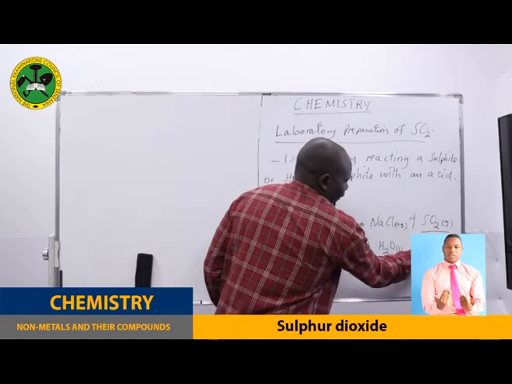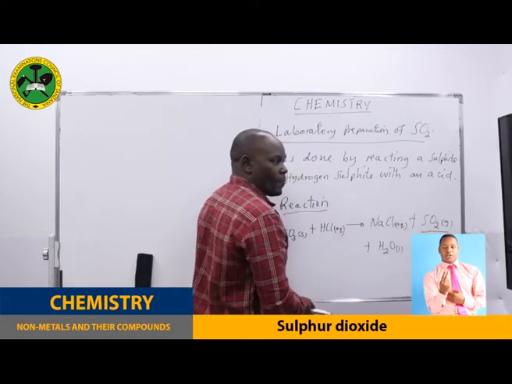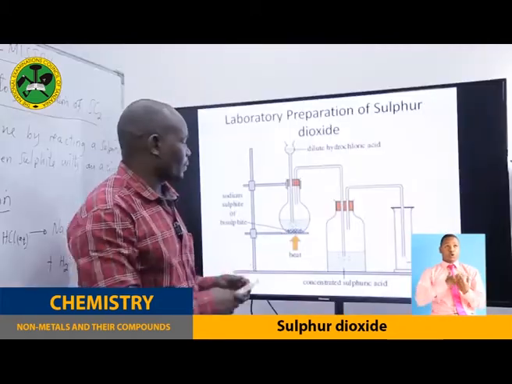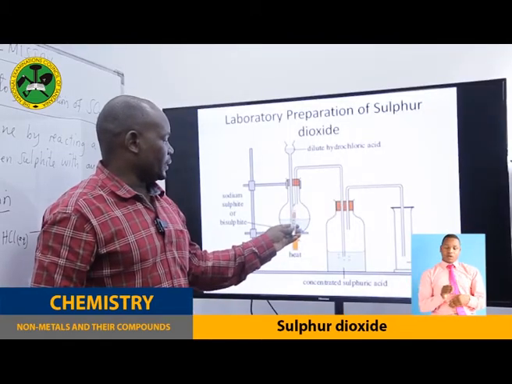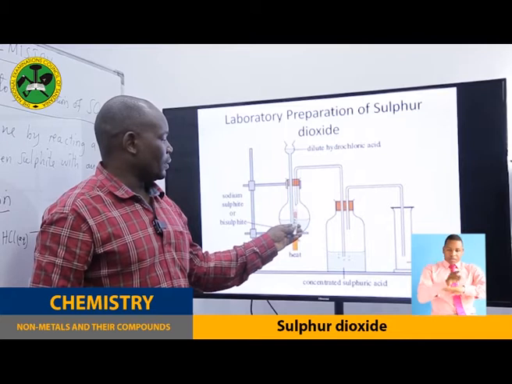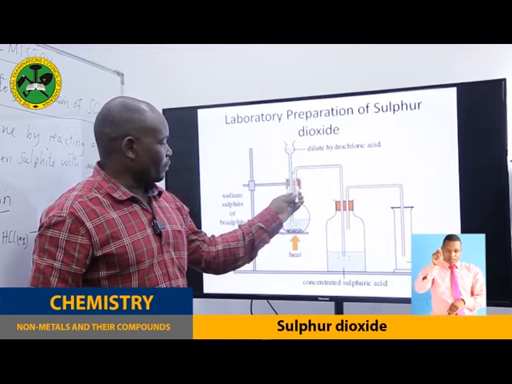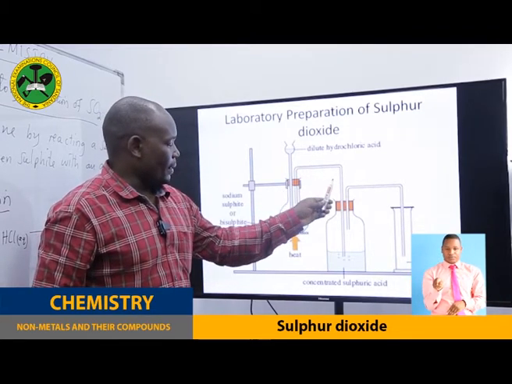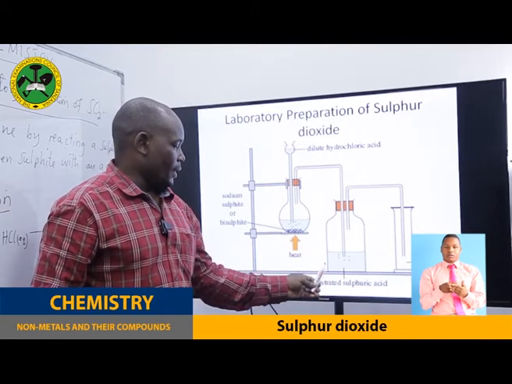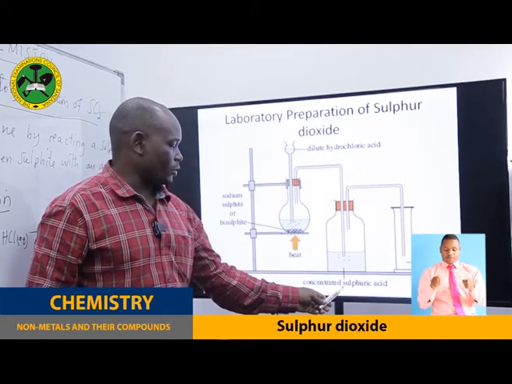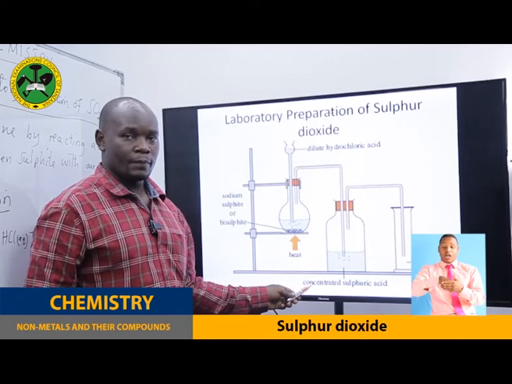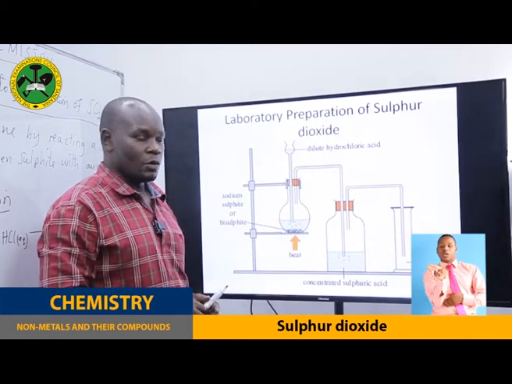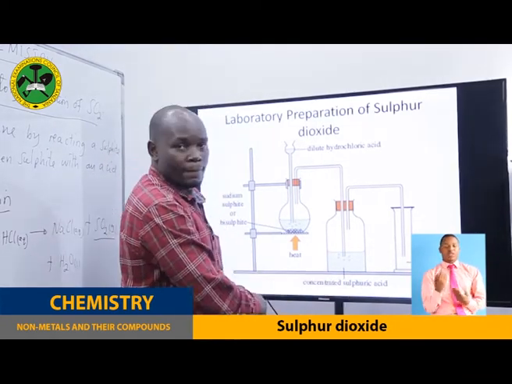So the sulfur dioxide that is produced will escape through this delivery tube. It will pass through into the flask containing concentrated sulfuric acid. You can ask yourself, why sulfuric acid here?